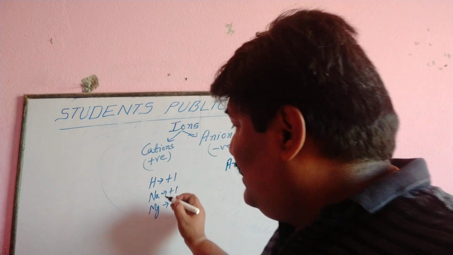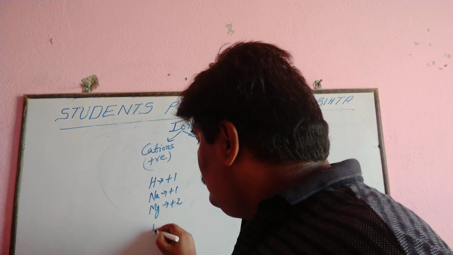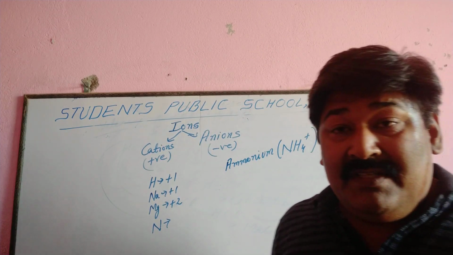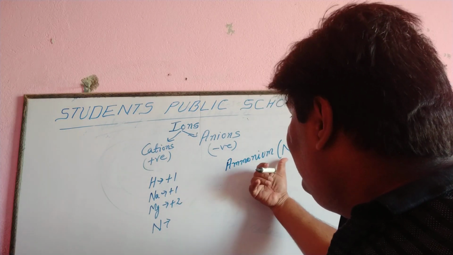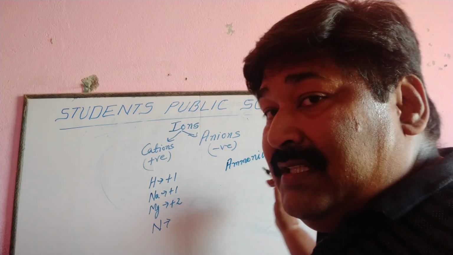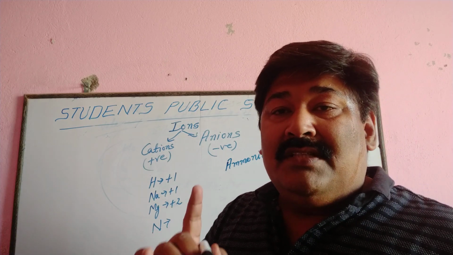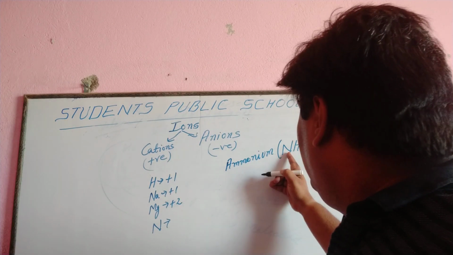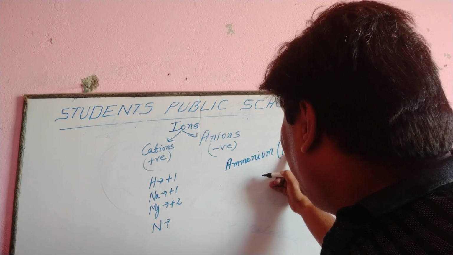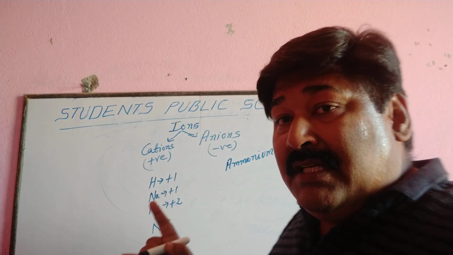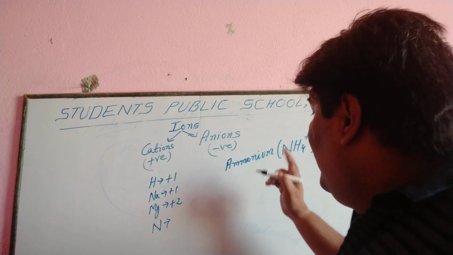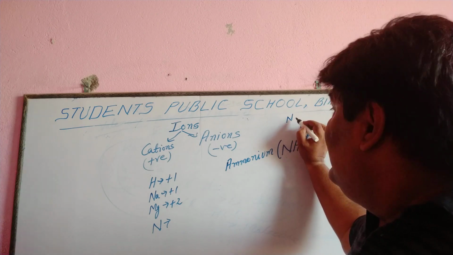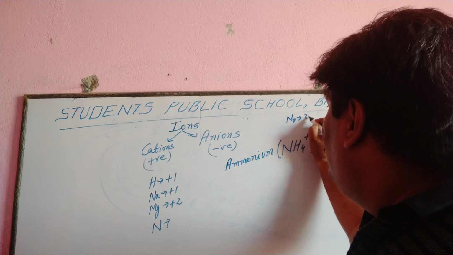Nitrogen. What is the charge of nitrogen? Here hydrogen is positively charged and hydrogen is negatively charged, and this nitrogen is positively charged here. What is the charge of nitrogen? What is the atomic number of nitrogen? 7, so 5.